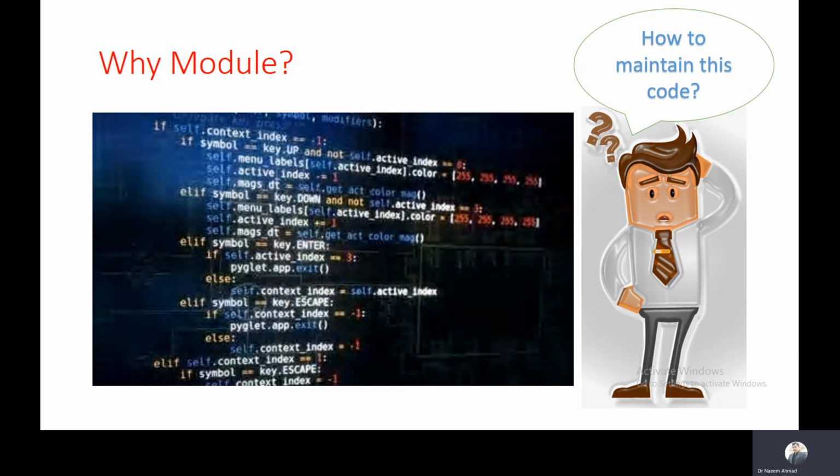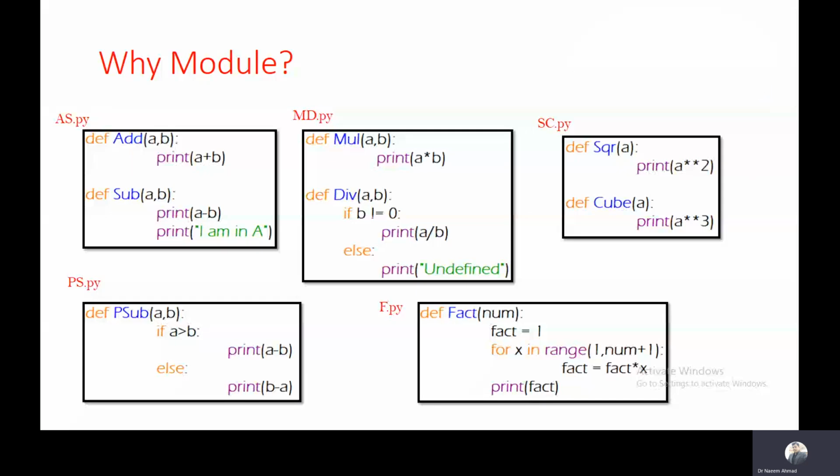Suppose we have 5 modules on your screen, and in a particular module we have some objects like functions or variables. If I want to use a particular function of one module, without knowing the internal details of the module, I can just import that module and use the functions or any statement of that module.